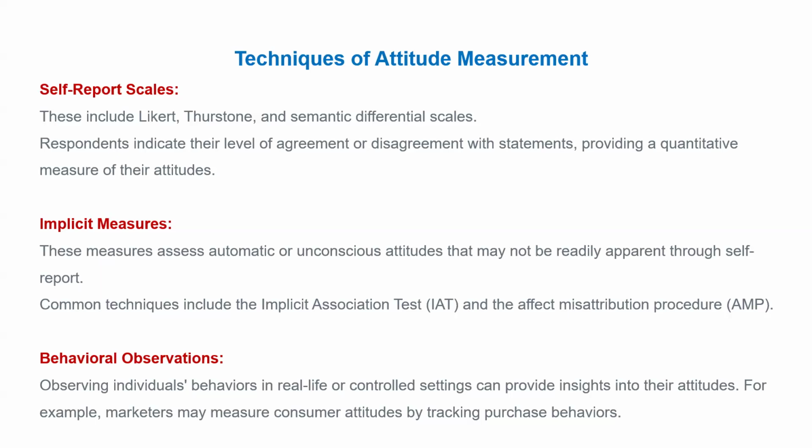Similarly, behavioral observations. Observing individuals' behavior in real life or controlled settings can provide insight into their attitudes. For example, marketers may measure consumer attitude by tracking purchase behavior in the marketing field.